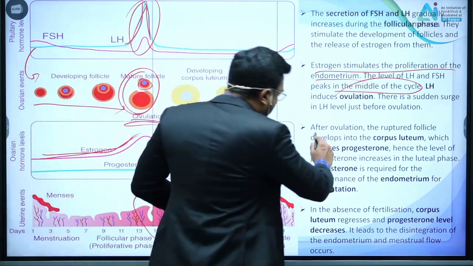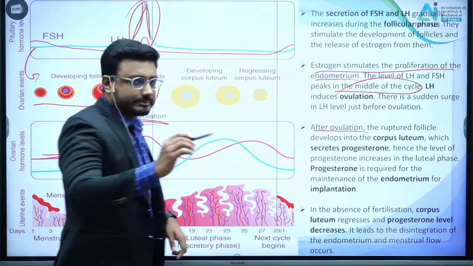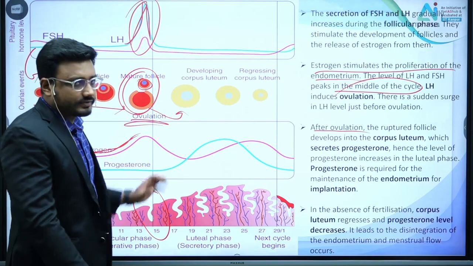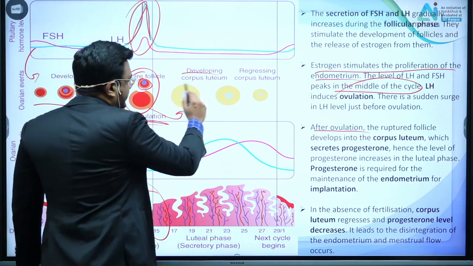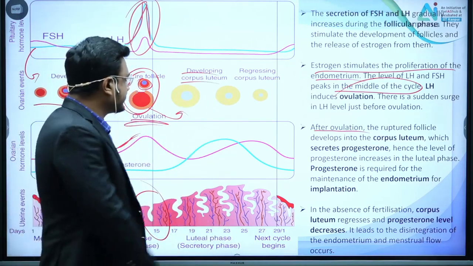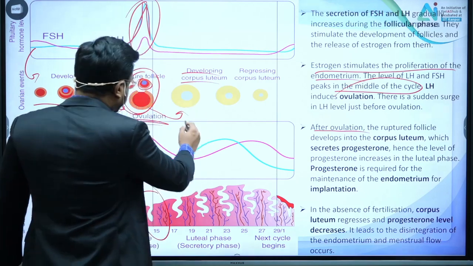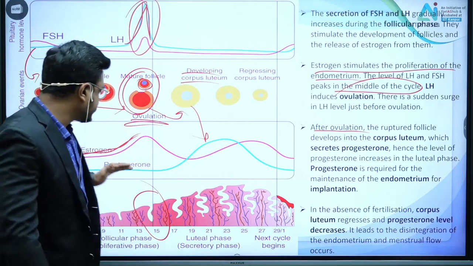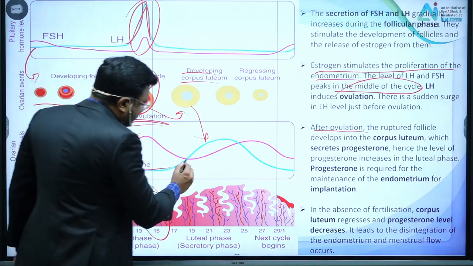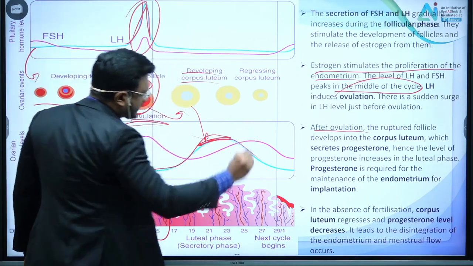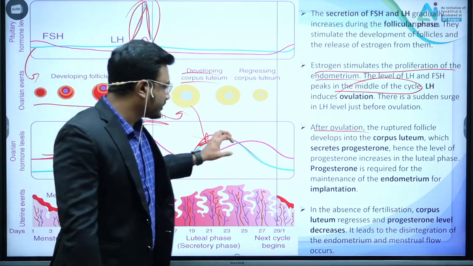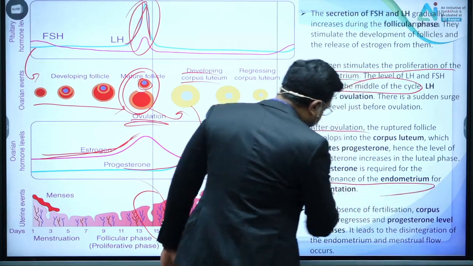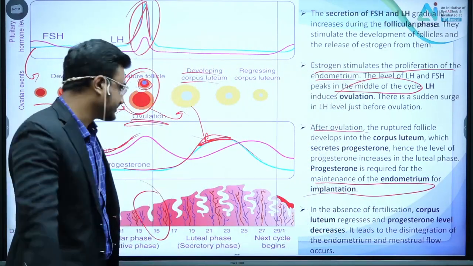After ovulation, the follicle has ruptured. So what happens with it? It develops into the corpus luteum. This corpus luteum then secretes the progesterone. The progesterone is responsible for the maintenance of the endometrium for the implantation process.